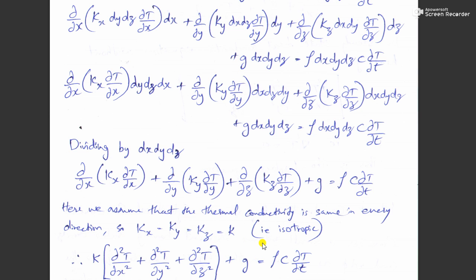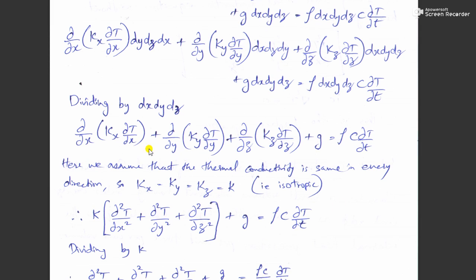That is the isotropic property. So we can take k out from all three terms: k into dou square T by dou x square plus dou square T by dou y square plus dou square T by dou z square, plus g is equal to rho c dou T by dou t.